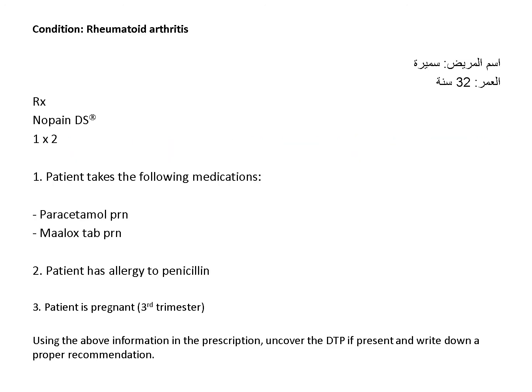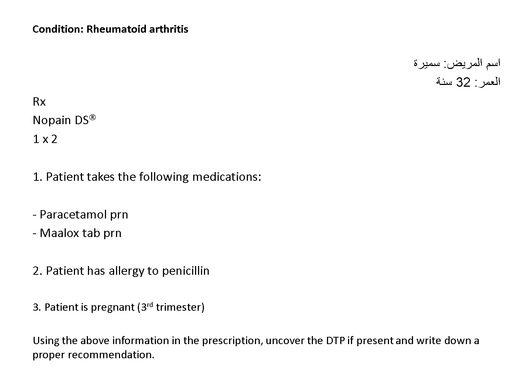Also, this is the assignment you have to deliver about a patient named Samira. Her age is 32 years old. She's suffering from rheumatoid arthritis, and she's pregnant in the 3rd trimester, آخر 3 أشهر.